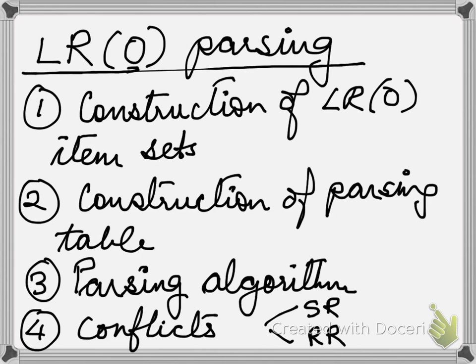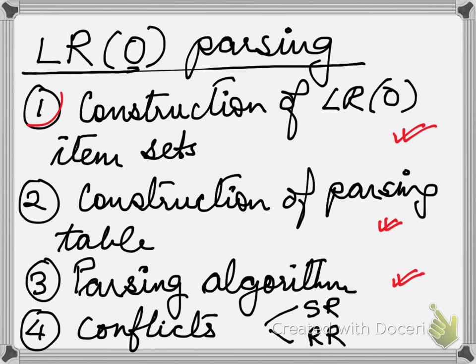Now, does that mean that studying LR0 parsing is totally useless? Well, it's not, because for SLR, the construction of the LR0 item sets and the parsing algorithm are the very same.